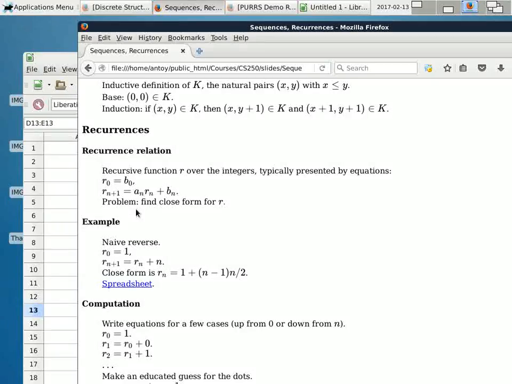Should we try to solve it? All right. So in this case, I start from a larger number. Maybe I start from 8 or 16, just to get a hang of how things go. So, what is R of 16? 2 R of 8 plus 16.